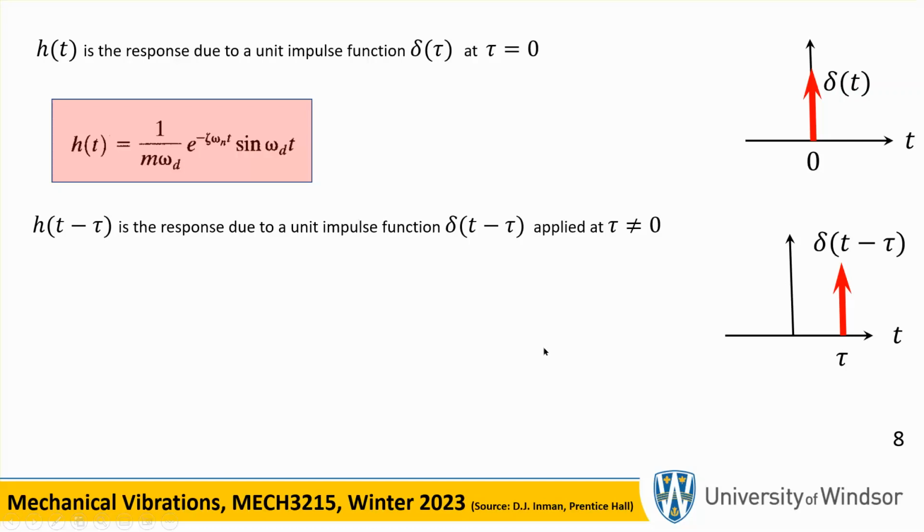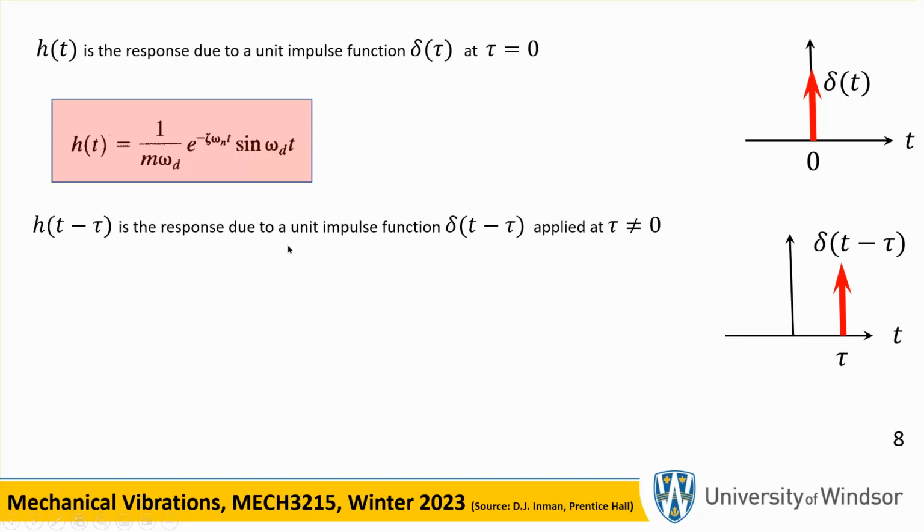For example, suppose that we have a block, mass spring damper system, a block that's oscillating back and forth. Then you hit it with a hammer. After 5 seconds, you hit it with a hammer. So obviously that impulse is not at time t equal to 0 because the block was already moving around, okay? You hit it after 5 seconds. Then that is an impulse that is not at t equal to 0, it's at a different time.